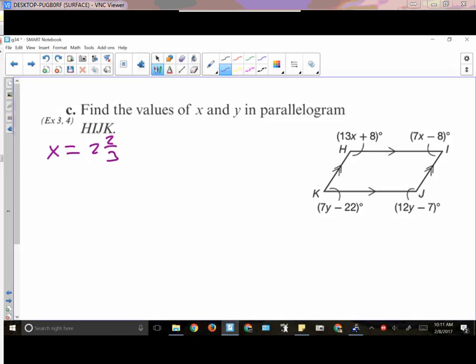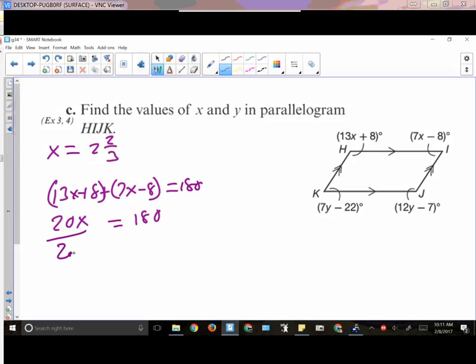Okay, so 13x plus 8, 7x minus 8. Okay, they're on the same side, so these two things must add up to 180 degrees. So I get 20x is equal to 180 plus 8 minus 8. Wipe out right there. Divide by 20, divide by 20. X is equal to 9.